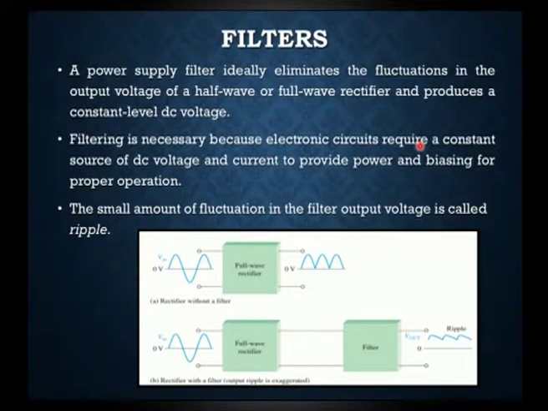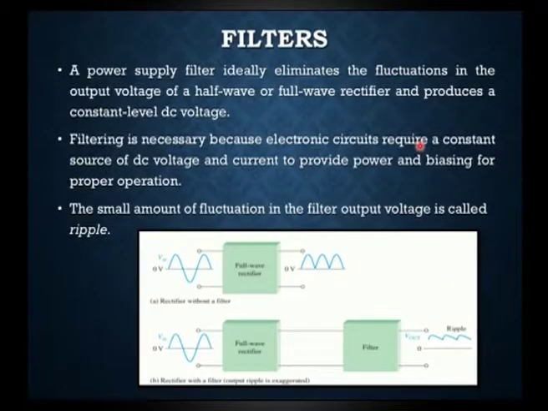So, filters, as we already said, are going to eliminate the fluctuations. When in the half wave and full wave rectifier output we may get some fluctuation, this can be eliminated by adding filters to the circuits. Filtering is necessary because electronic circuits require a constant source of DC voltage and current to produce power and biasing for proper operation.